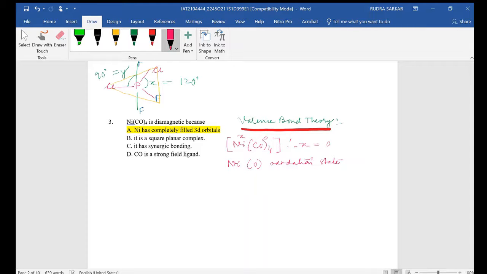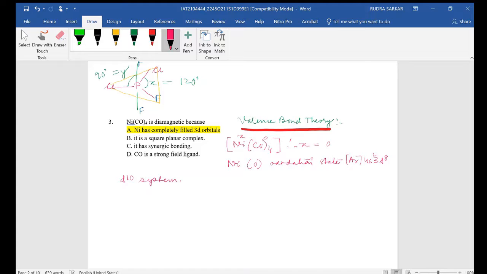That means this is Ar 4s2 3d8 system. So this is having 10 electrons. So basically we will call this, within the complex, this nickel is basically a d10 system.